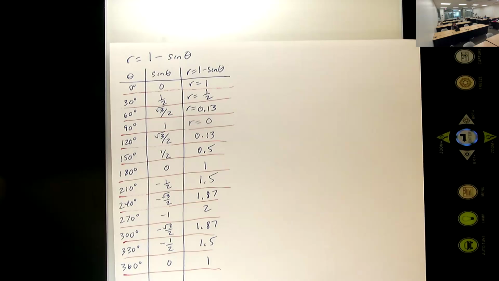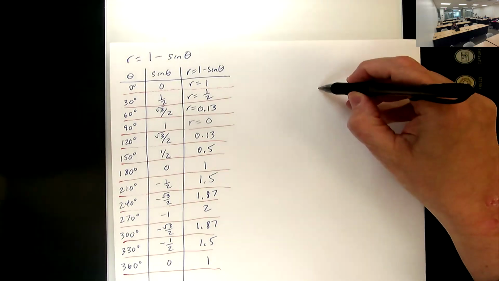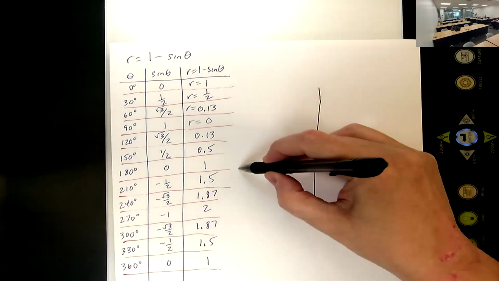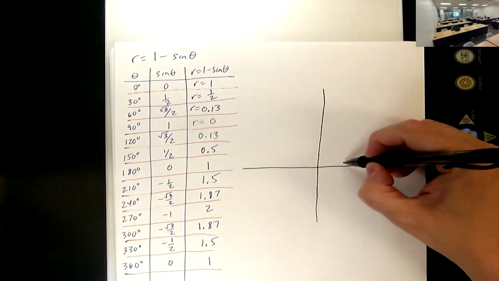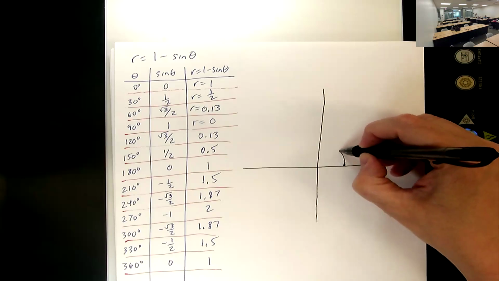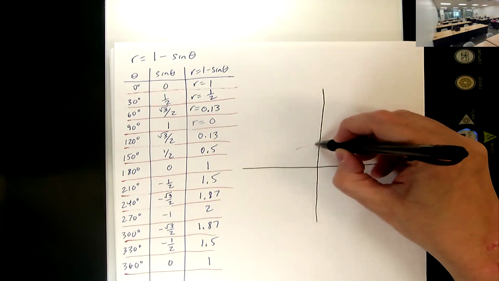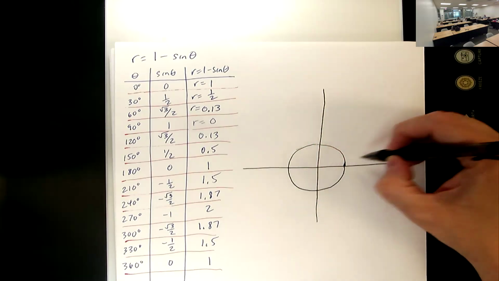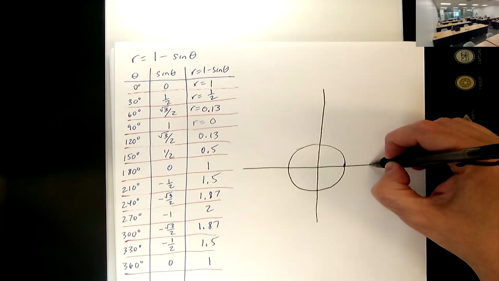Alright, so let's plot this out. It looks like my biggest radius is 2, so I'm just gonna do 2 circles. That's not a bad circle, look at that.